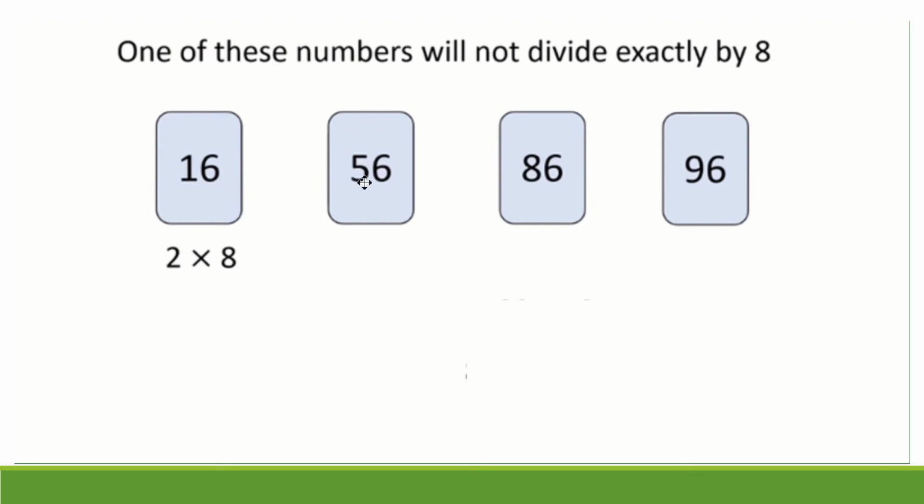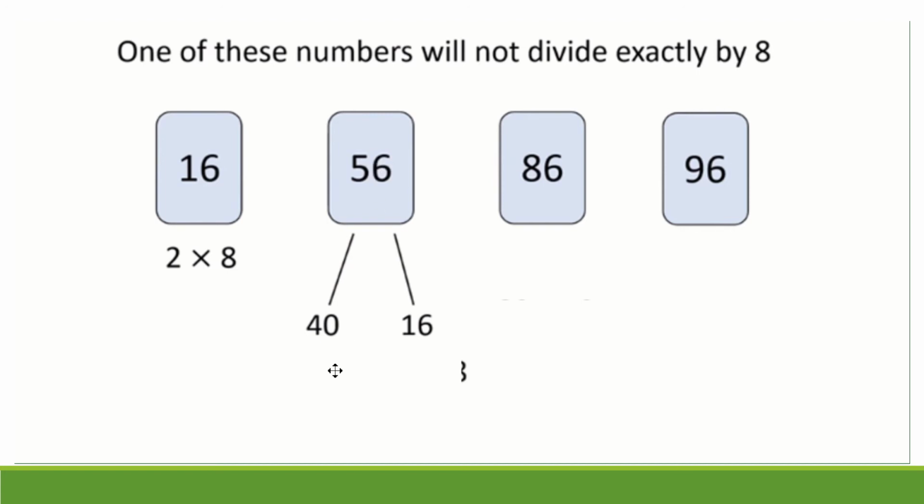Let's look at the number 56. We could partition 56. Remember when we've done place value and we have partitioned numbers? I can partition 56 into 40 add 16, because 40 add 16 still makes 56.